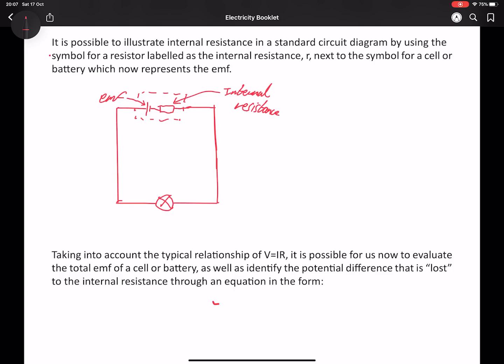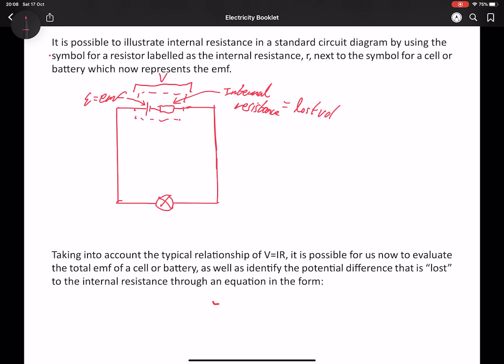But whilst connected in this circuit, we have current flowing. So we would be measuring what is known as a terminal potential difference. So whilst inside the cell is the EMF, across the whole thing we will have the potential difference that will be experienced, in this case, by the bulb alone.